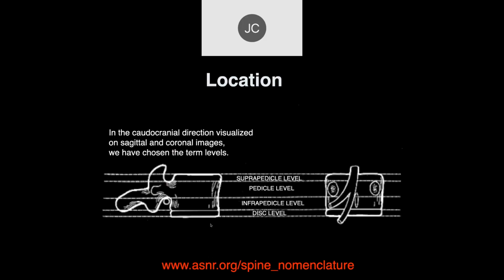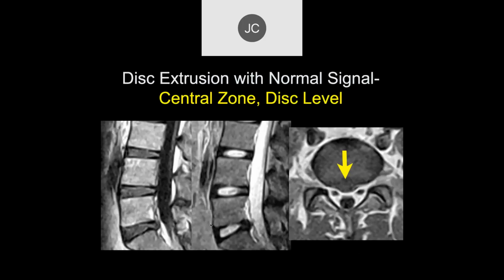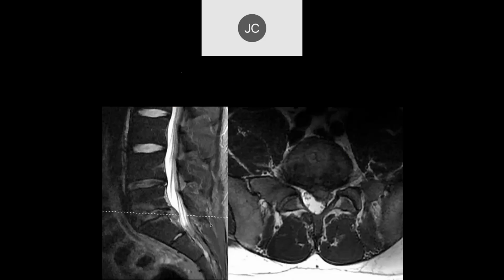And then again, here's just looking at the different levels, the nomenclature to use. So we already saw this area of central focal protrusion, and here we can see a focal extrusion. This would be central, and then the subarticular zone, and we can see that it butts the transiting left nerve roots here, probably the L5 nerve root, with probably a little bit of lateral deviation in this area.